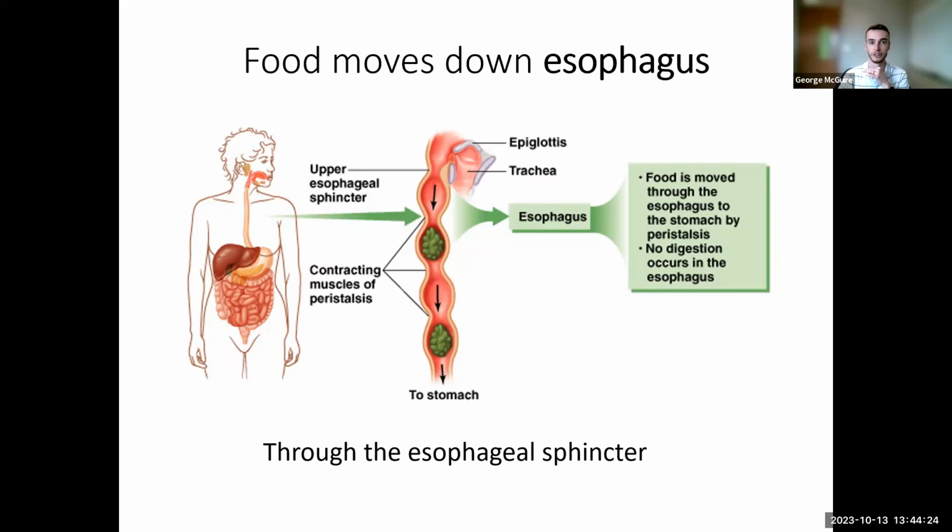You can't get that food or drink past it, and so it needs to relax in order to open so that things can pass through into the esophagus. And then there's another one of those sphincters at the bottom that will open to allow food into the stomach, and then close again behind it to protect the esophagus from all of the really acidic juices that are in the stomach itself.